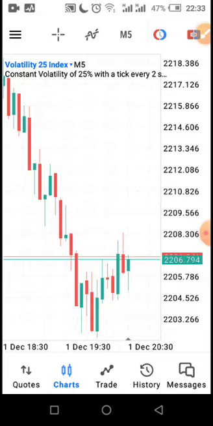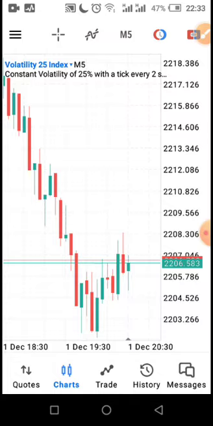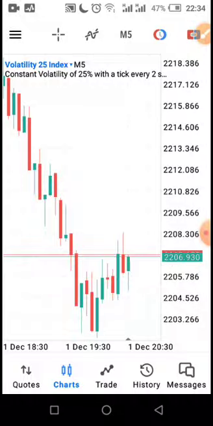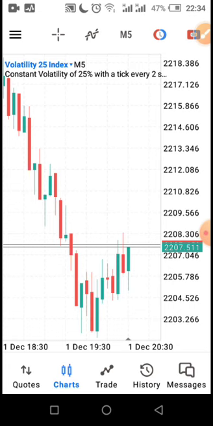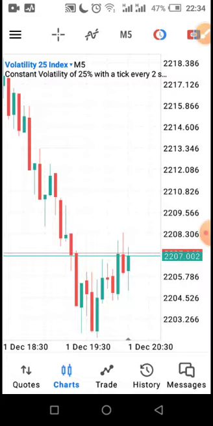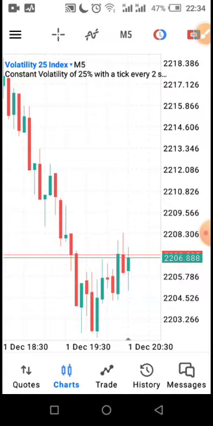So with Deriv synthetic indices, you might want to trade including sentiment in your trades, so that you try to compensate for some manipulations which could occur. Also, just try to trade money you can afford to lose in synthetic indices, just in case Deriv might find someone else to make another algorithm for them.